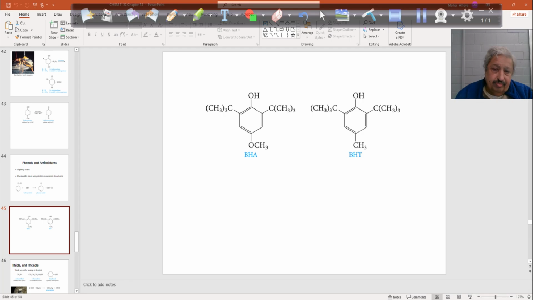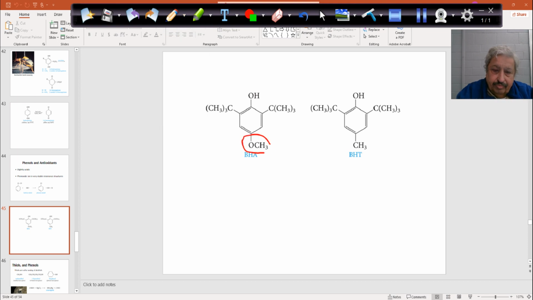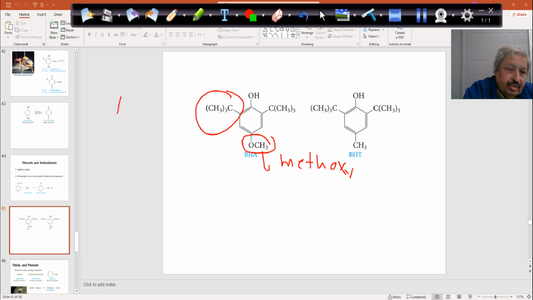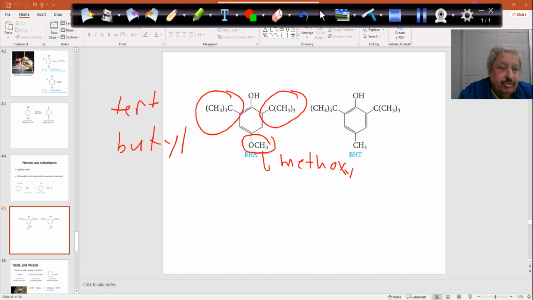This group here is meth, because that's from methane, correct? Methoxy. The group is called methoxy. And here is tertiary butyl. Those two here are tertiary butyl, and the whole thing is phenol.